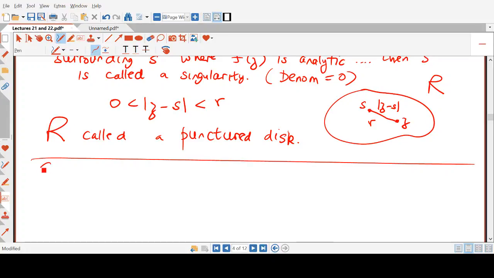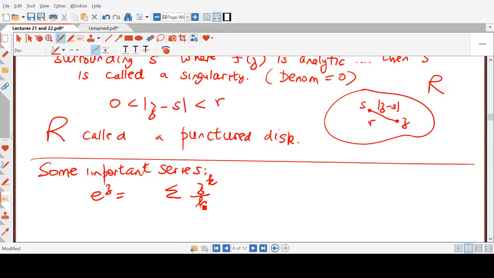So some important series that we have come across. Now that you are in third year, you should be committing some of these things to memory, like e to the z, that's the sum of z to the k over k factorial, k equals 0 to infinity.